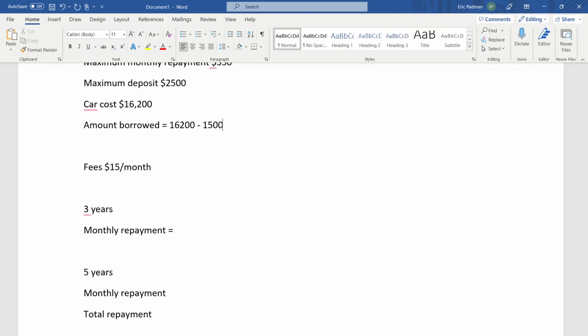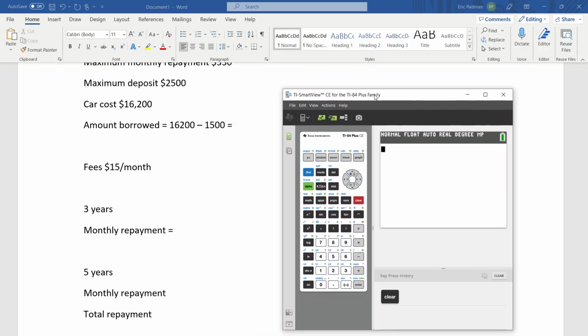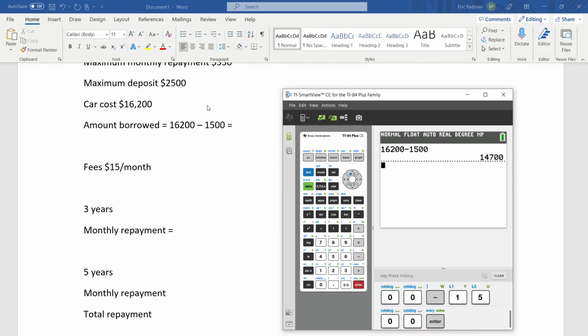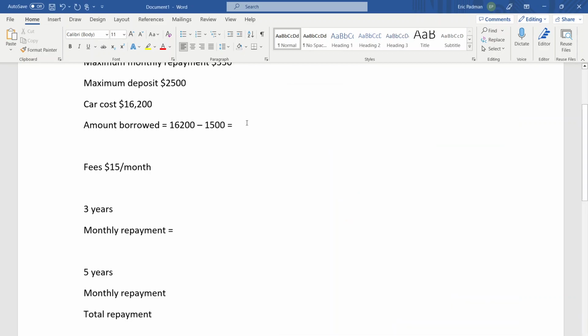That'll give me another 1,000 to use for other stuff. Okay, so if I subtract the two of those, yeah, get your calculators out, ready to go. All right, so 16,200 minus 1,500. Oops. All right, so this is what I'm actually going to borrow.